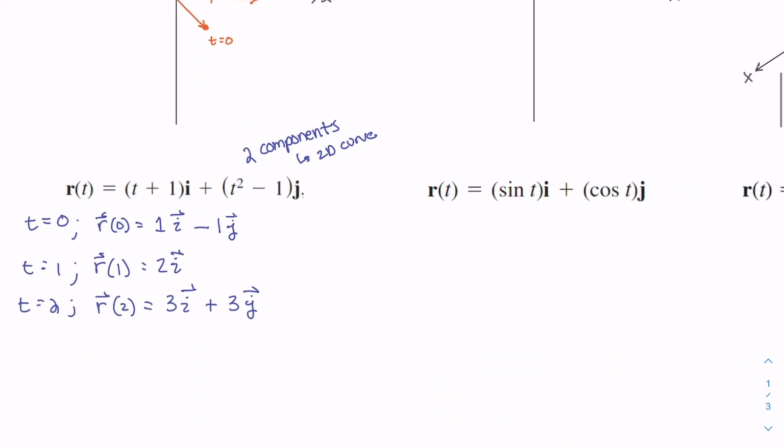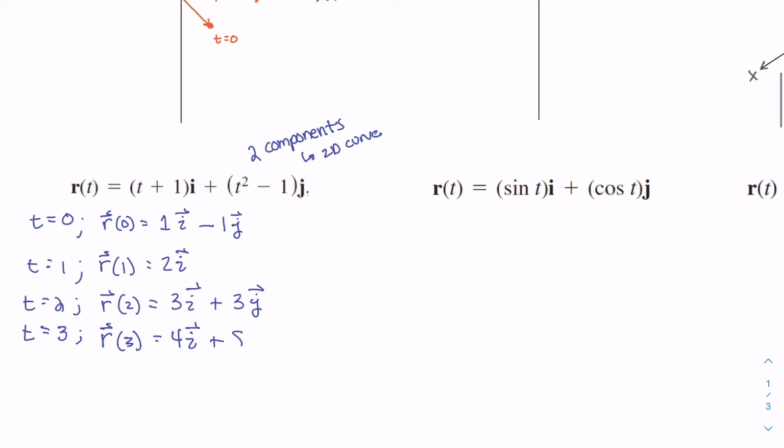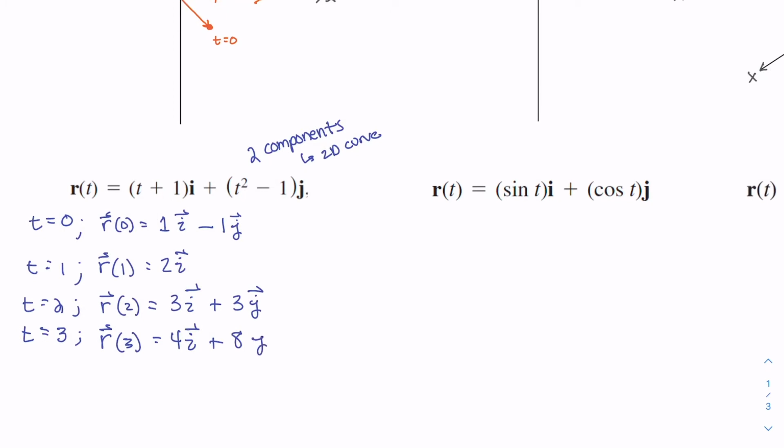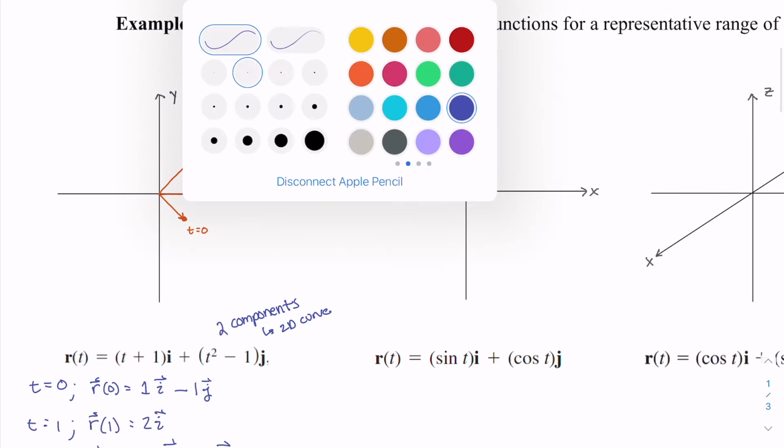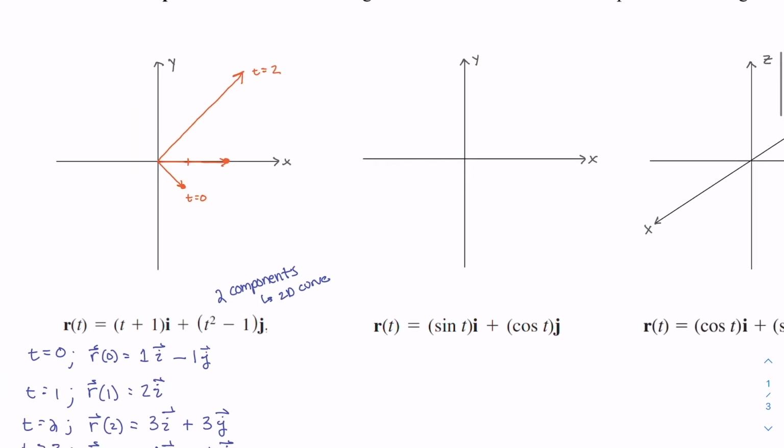We'll do one more. So for t equals 3, we'll get 4i plus 9 minus 1 is 8j. So we're quickly going to exceed the scale of our plot to get 4i plus 8j.